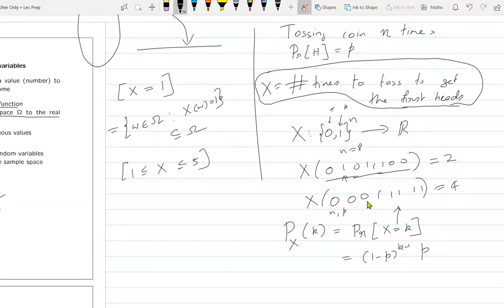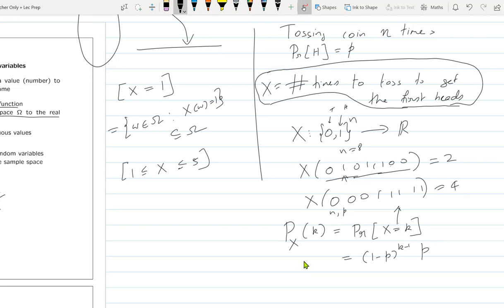Sir, why are we subtracting 1 minus p? Can you explain a bit? What is this event? Could you tell me what are all the elements of the sample space which satisfy this? The first element should be 1, right? The other elements can be other digits. What do you mean by x equal to k? What is x? Do we agree on what x is?